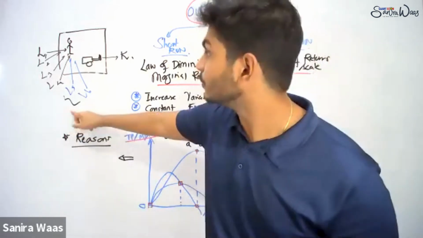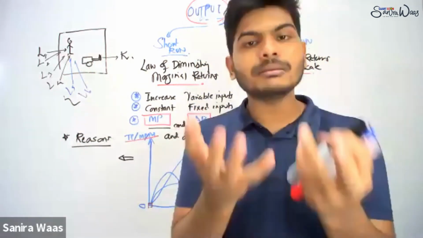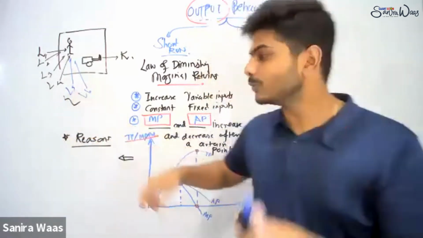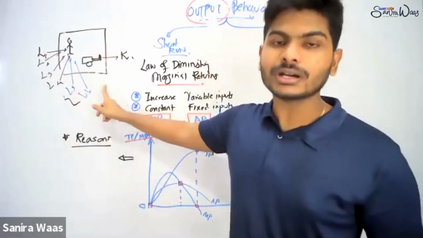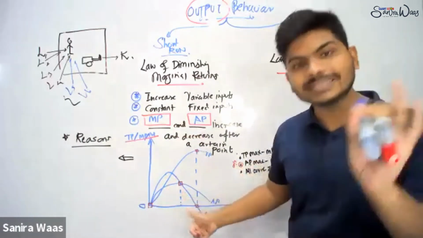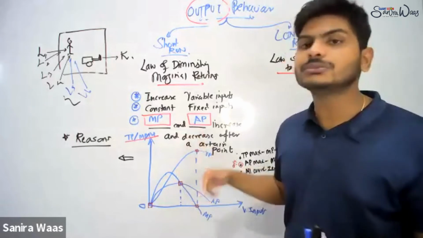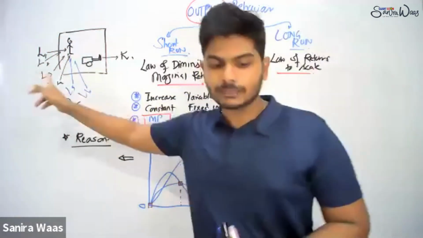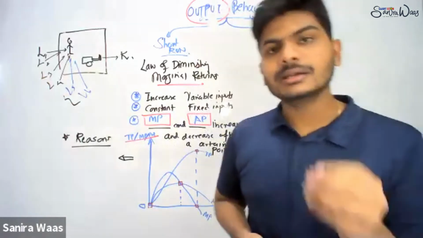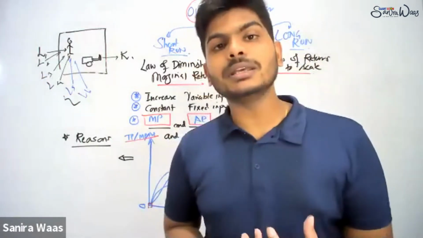They have nothing to do. Why? You have only a limited amount of fixed capital. So due to this, everyone added starts to pretend to work and doesn't really work. Your MP will start to decrease, but still your TP would continue to increase. They work only two hours on the field. But the majority of the time they would be what?